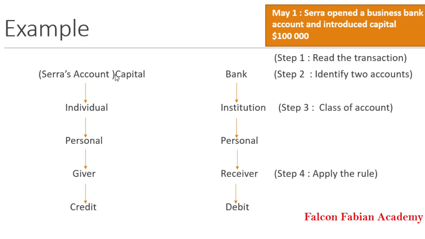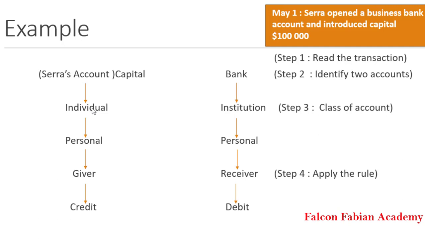I'll do this all over again. First we read the transaction. After reading the transaction, we identified the two accounts. The two accounts were capital and bank. Now capital is account of an individual and bank is an account of an institution.